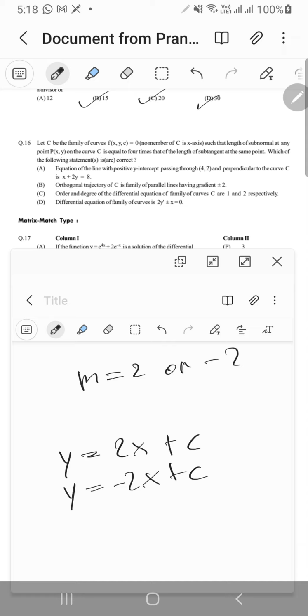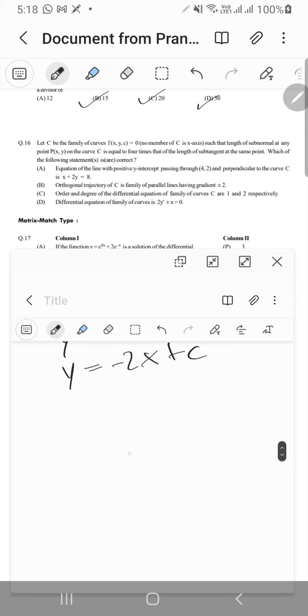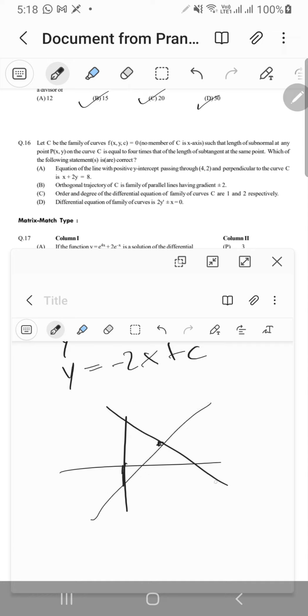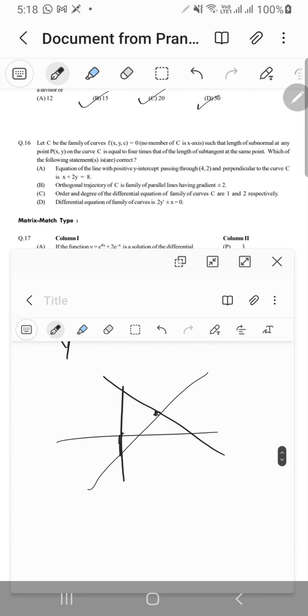Passing through 4, 2 and perpendicular to, yeah, so it's either 1 by 2 or it's negative 1 by 2. It's 4, 2, then just putting 1 by 2 you would get a negative intercept. When you put the slope as minus 1 upon 2 you would get a positive intercept, I guess. Yeah, cool. What happens when you put the intercept as 1 upon 2 though?